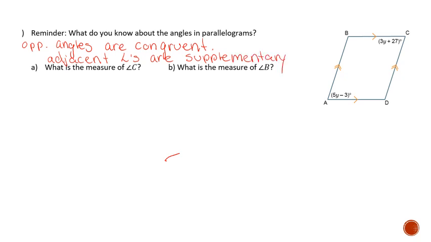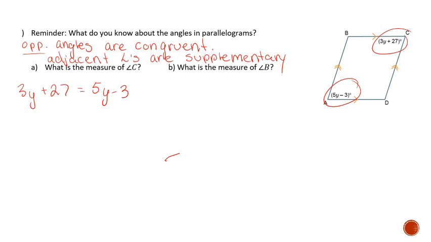So in this figure, we have two angles, A and C, and they are both given two different expressions in order to define their angle measure. But what we do know is that these two angles are going to be equal because they are opposite angles. So we can go ahead and set them equal in order to solve for y, in order to figure out how much each angle is worth.